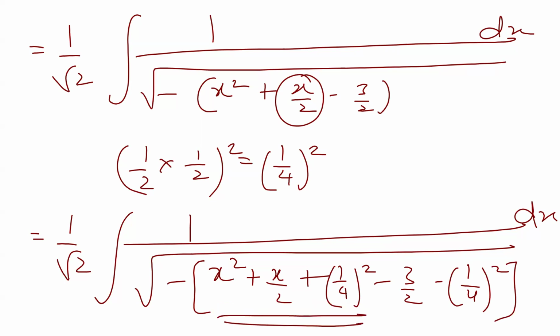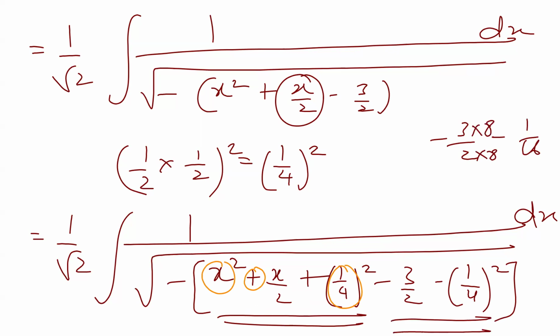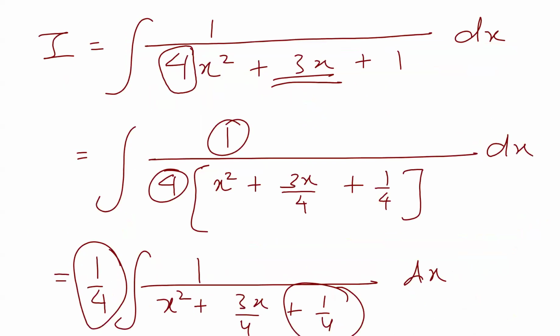First three terms I have taught you how to take it, x plus 1 by 4 the whole square, and the last two terms minus 3 by 2 minus 1 by 16. So into 8 into 8, this will be minus 25 by 16. Last two terms, solve it very clearly, otherwise some silly mistakes might occur.